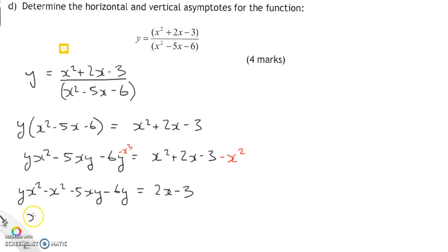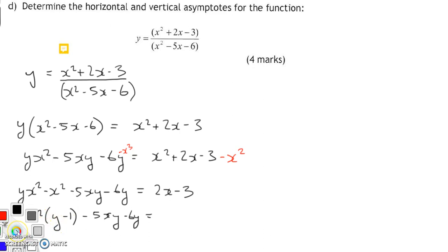So that's x squared times (y minus 1), and the rest stays the same: minus 5xy minus 6y equals the right hand side. So the coefficient of the highest power of x is the bit that stands in front. We could read this as (y minus 1) in brackets times x squared.